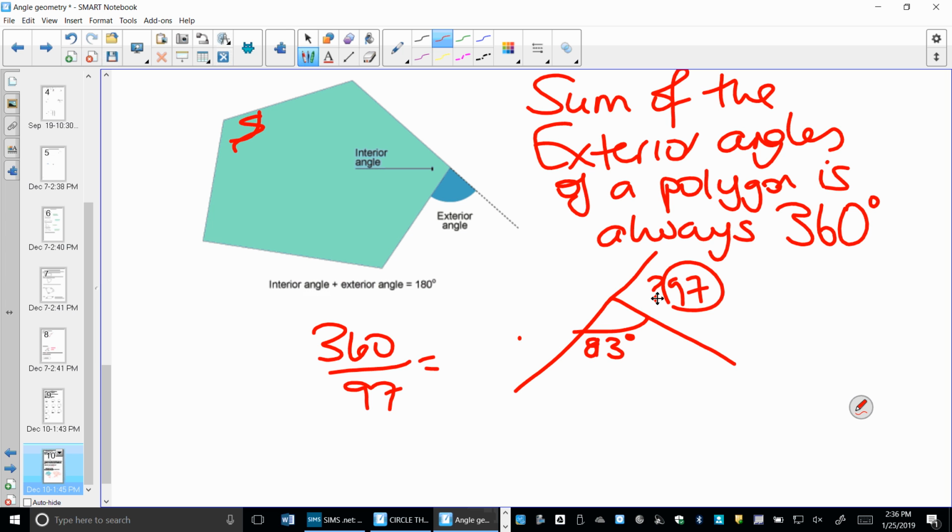So you focus on the exterior angle rather than the interior because we know the exterior angles always add up to 360. So that's a lot easier. Now there is some fancy way you can set up the formulae, but it's so much easier to focus on the exterior angle. So if one of those kinds of questions come up, then that's what you will do. Okay, happy with that?